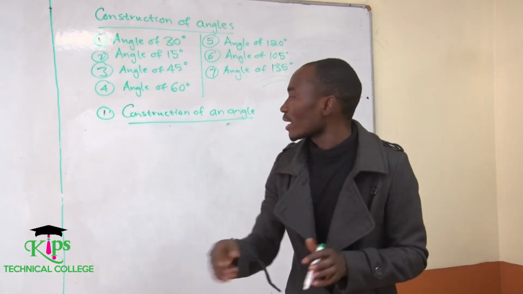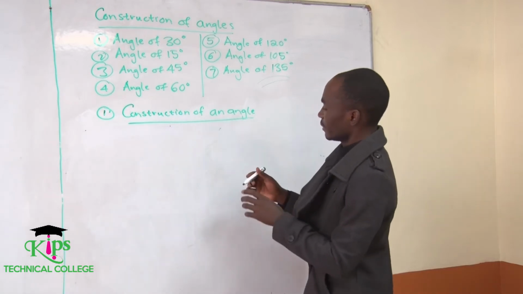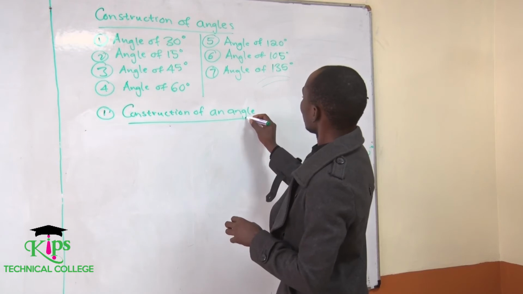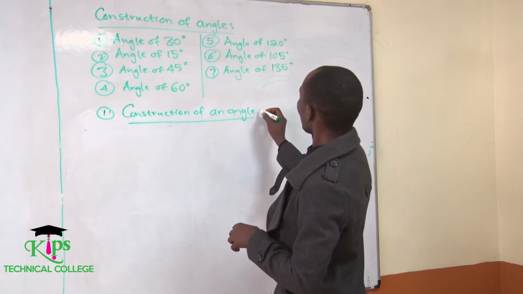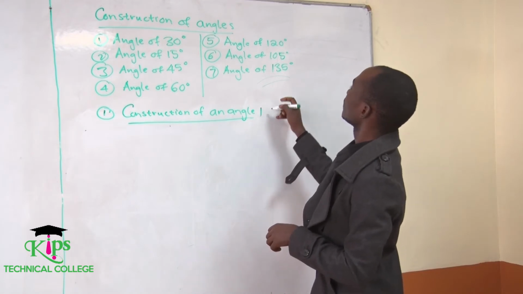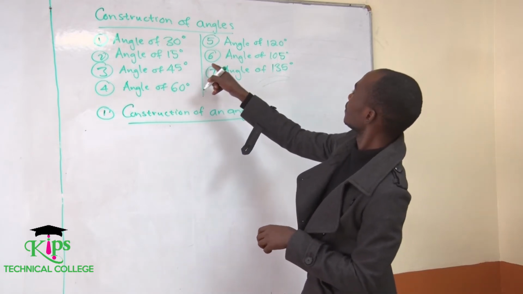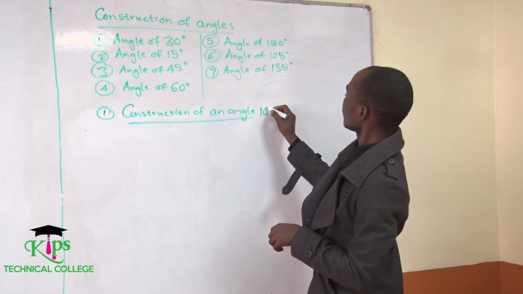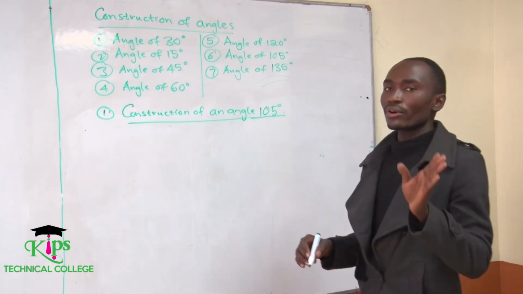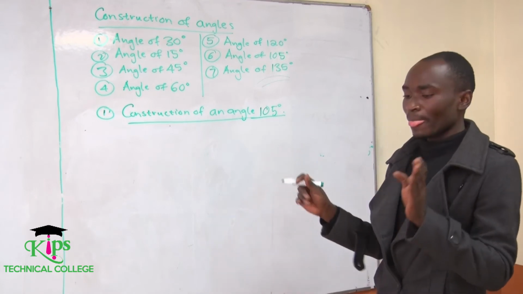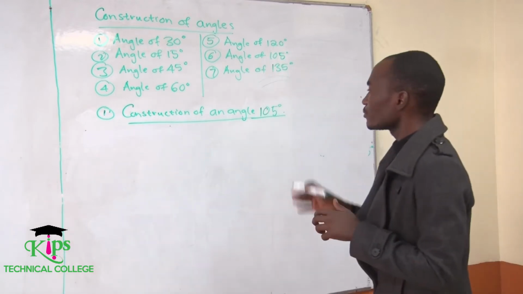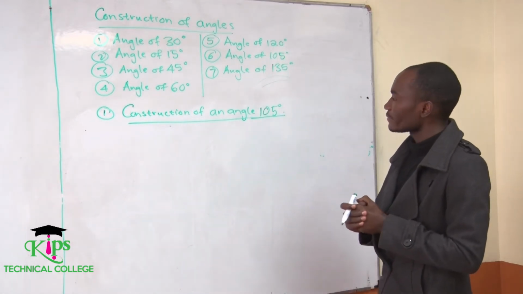So let's construct an angle of 105 degrees. How do you construct an angle of 105 degrees? So for instance, how do you get to arrive at 105 degrees?